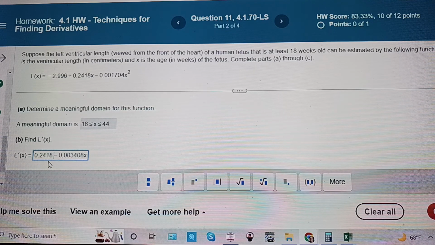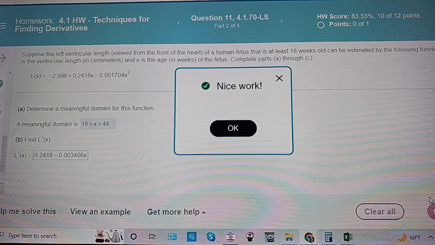So 0.2418, that's the derivative of this linear part, minus 2 times that decimal is this decimal, and then the exponent decreases by 1. So at least that was a pretty easy derivative to do, even though the decimal is really messy.